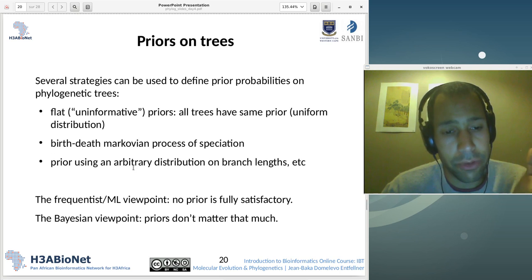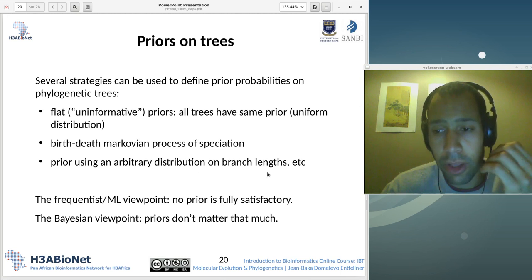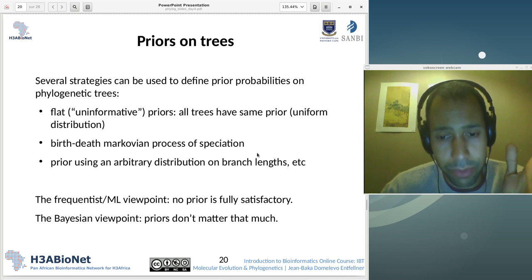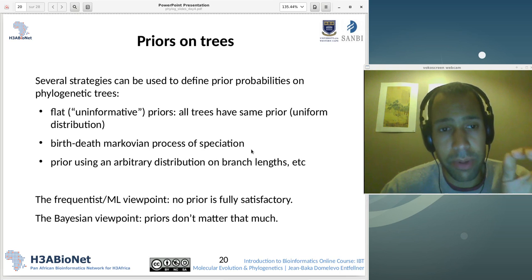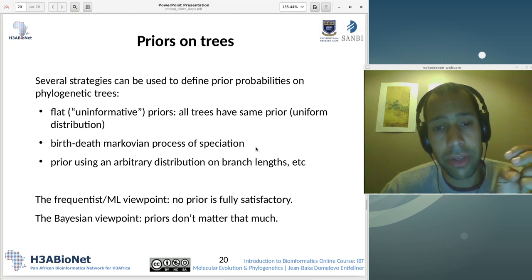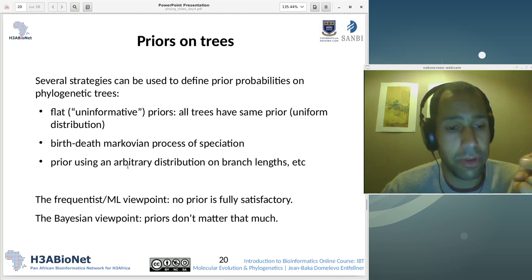You can have priors using an arbitrary distribution and branch length, etc. You have different priors, but there is a problem in selecting the prior, and none is completely satisfactory.